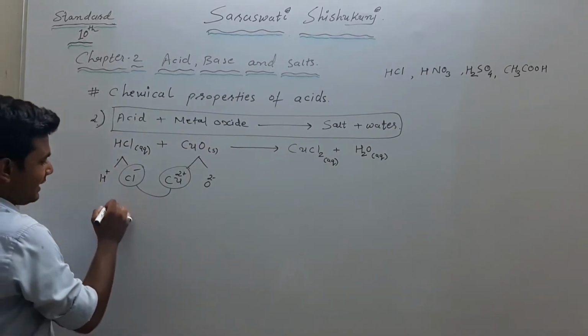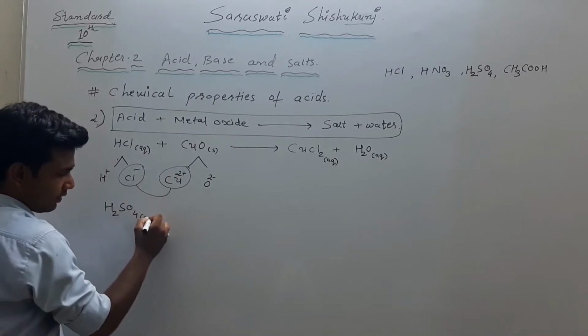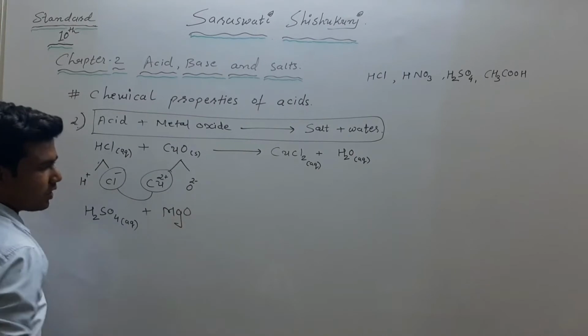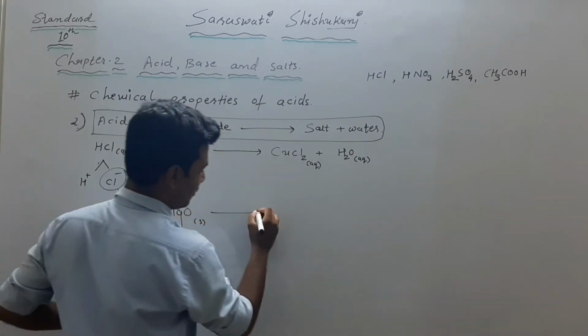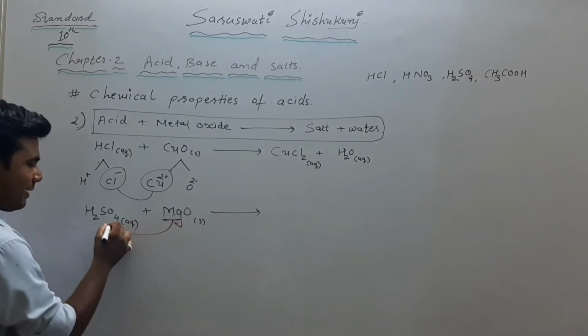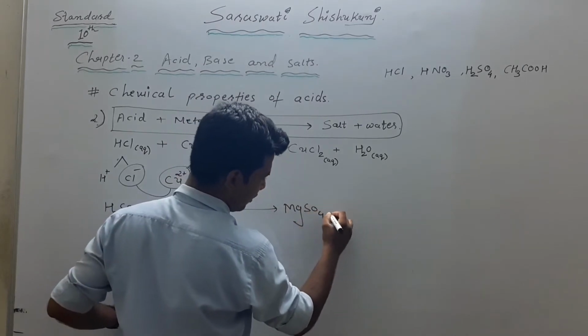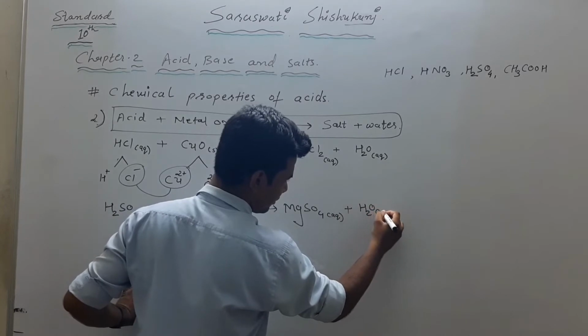If we take another example, H2SO4, which is aqueous, reacting with a metal oxide, I am taking magnesium oxide. What will we get? Here by splitting we will get MgSO4 plus H2O.